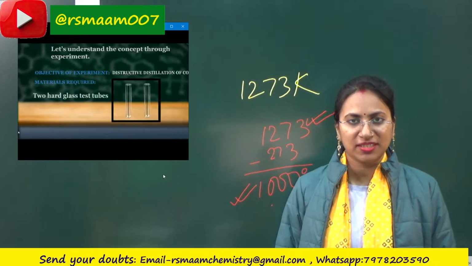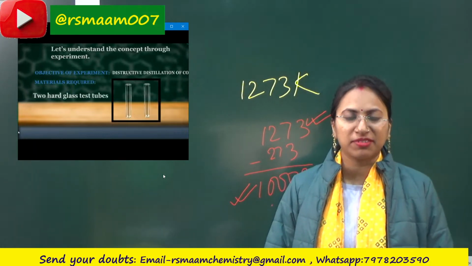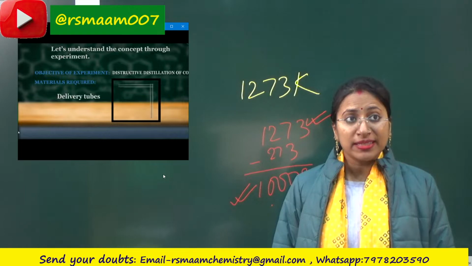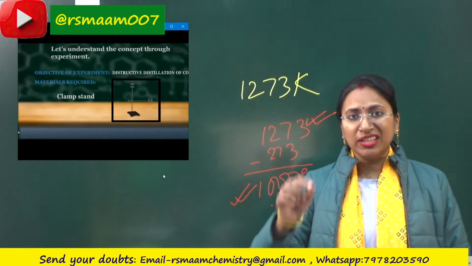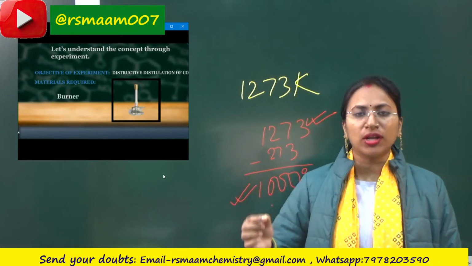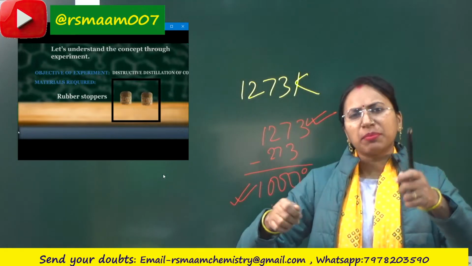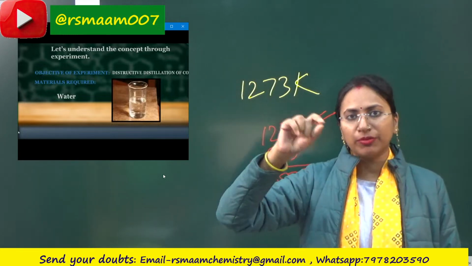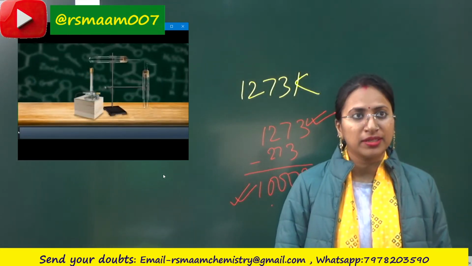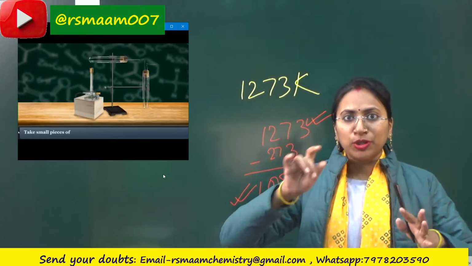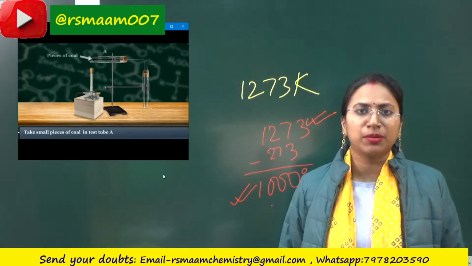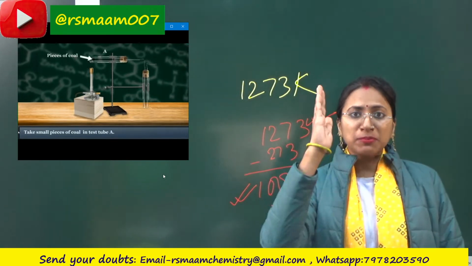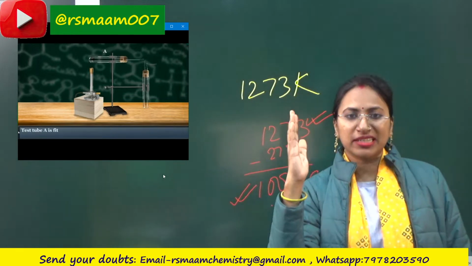Objective of this experiment is destructive distillation of coal. What else things are required? Delivery tubes are those smaller tubes which are connecting pipes. If something is coming in or going out of the experiment, we use a delivery tube for that. So this is the setup: two test tubes made up of hard glass. Clamps are used to hold the test tubes.